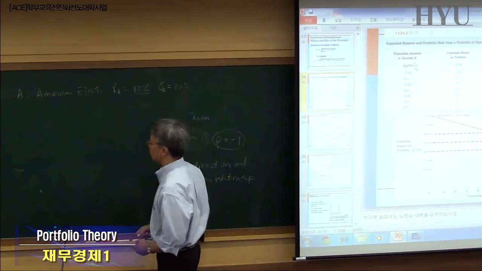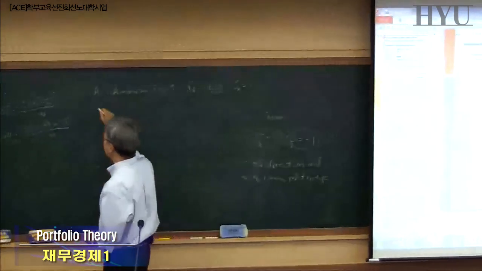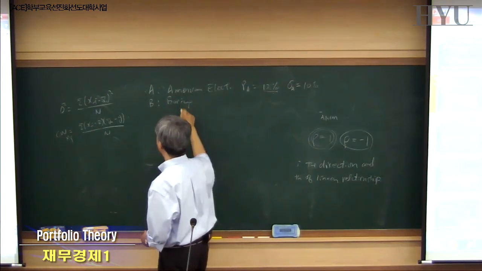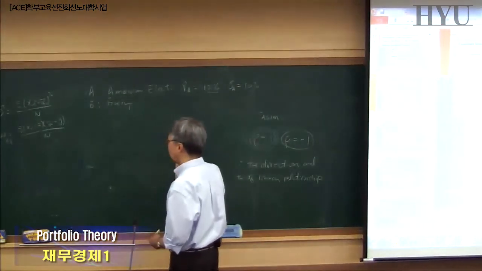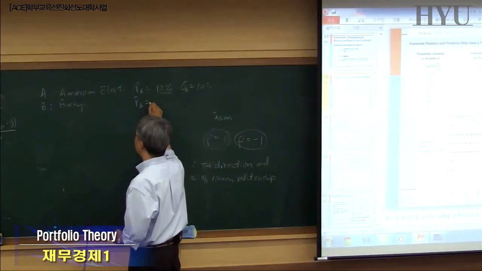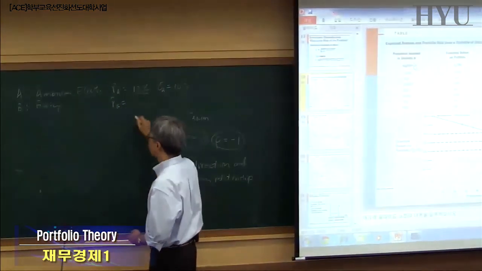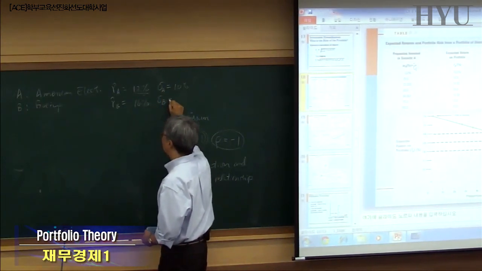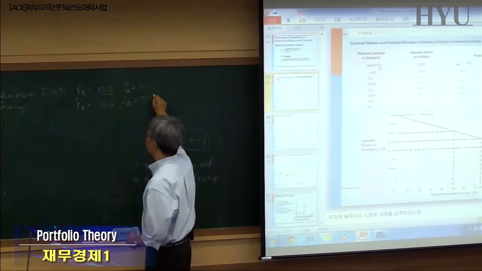Let me know if it's wrong. Right? The other stock, B, stands for Boeing. You know Boeing, right? The airplane manufacturer, right? And expected return from this stock was 16%, and sigma was 20%.